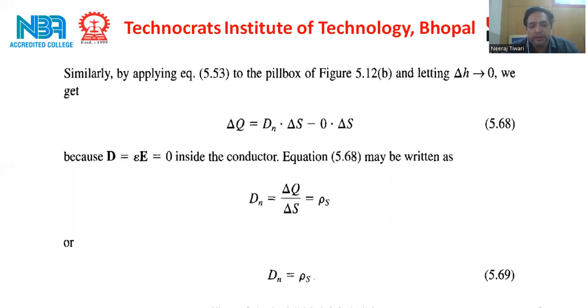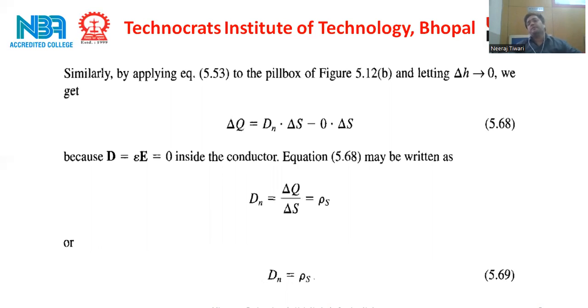Now finally, if you write for the normal component of electric flux density, you will get Dn is equal to del Q upon del S, which is equal to rho s. Dn is equal to rho s because the volume charge density inside is 0, but the surface charge density will exist there.